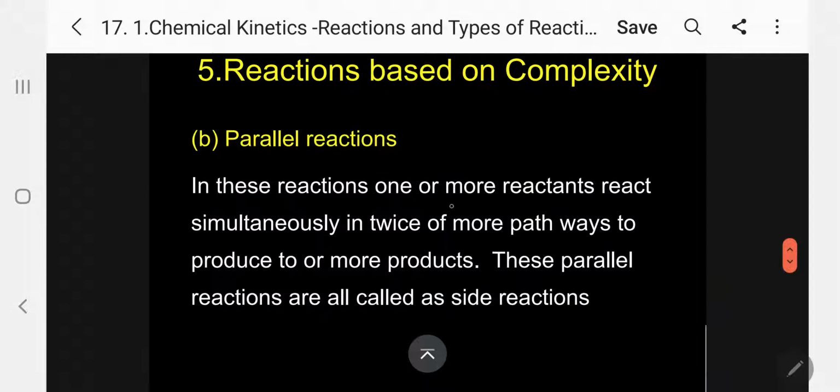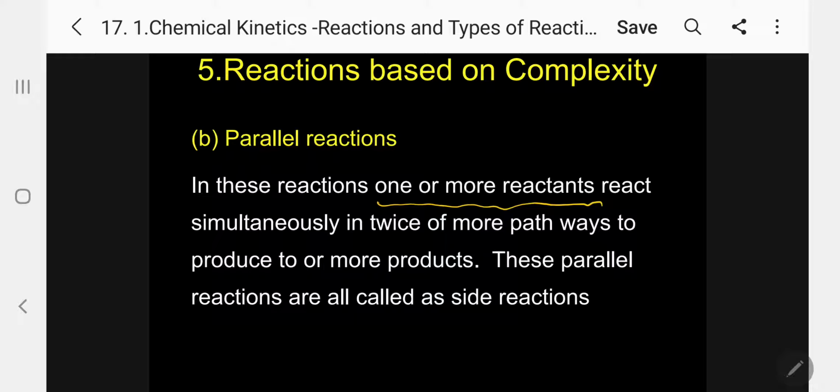Now, the parallel reactions. The second one is parallel. In a parallel reaction, one or more reactants react simultaneously in two or more pathways to produce two or more products.